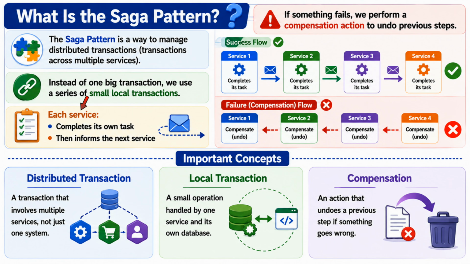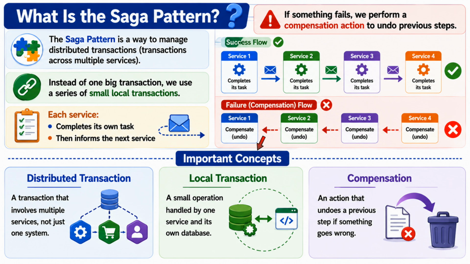Each service performs its own local transaction using its own database. After completing the task, the service informs the next service to continue the process. Now suppose something fails in the middle. In that case, the system performs a compensation action. A compensation action reverses the previous successful steps.